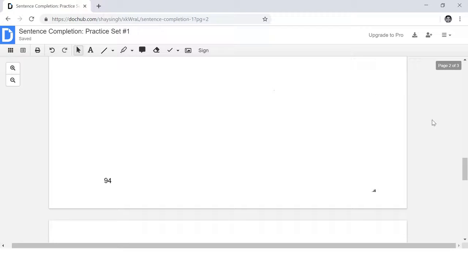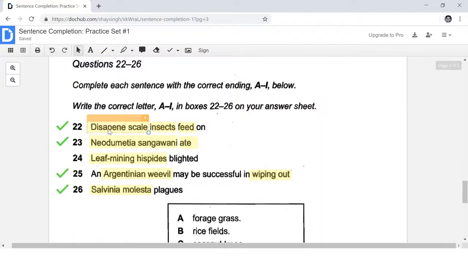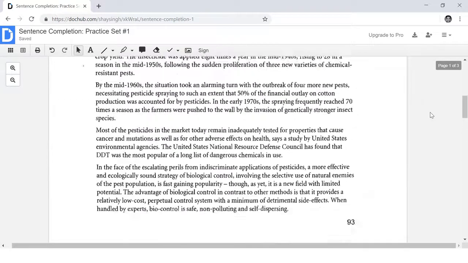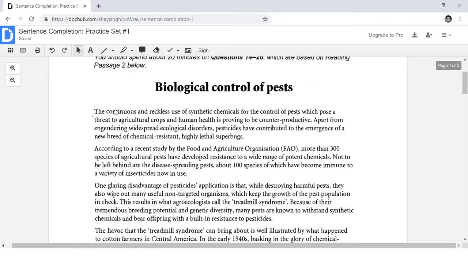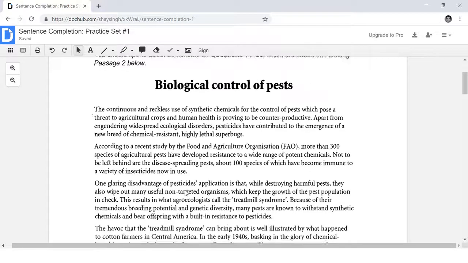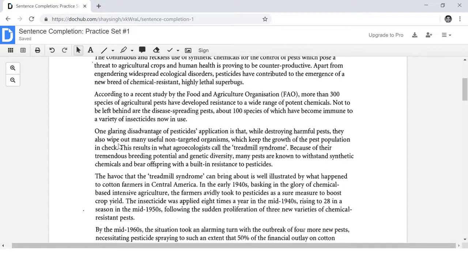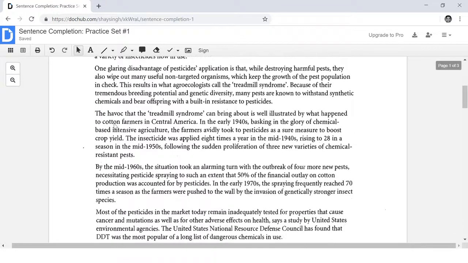So here we go. We are looking for this keyword first, diaspin. Okay, I'm still scanning.